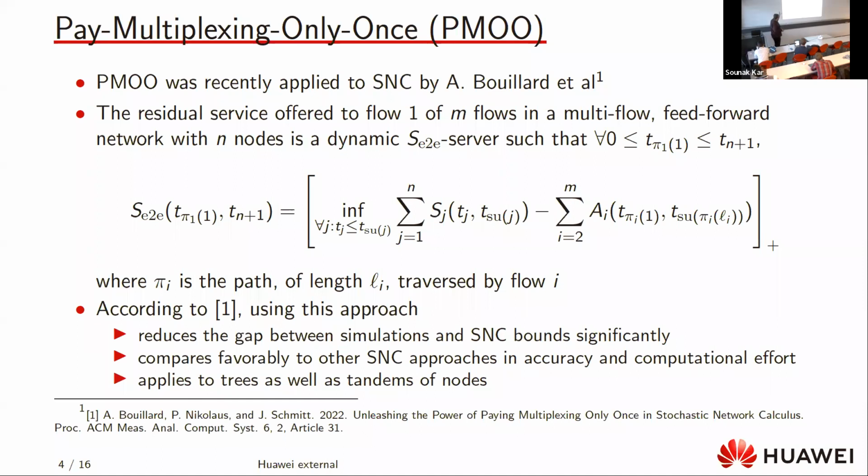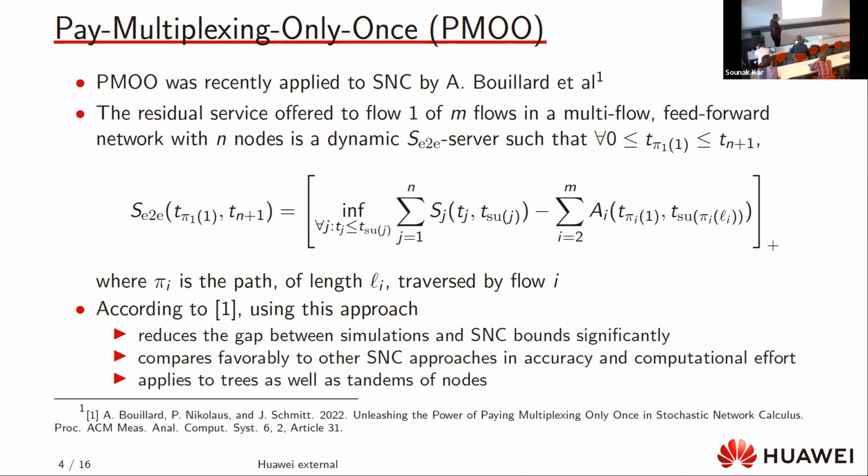Each flow passes through some path, which we call pi sub i, and the length of the path is L sub i. We assign an ordered set of time variables at the input and output of each server in the path.